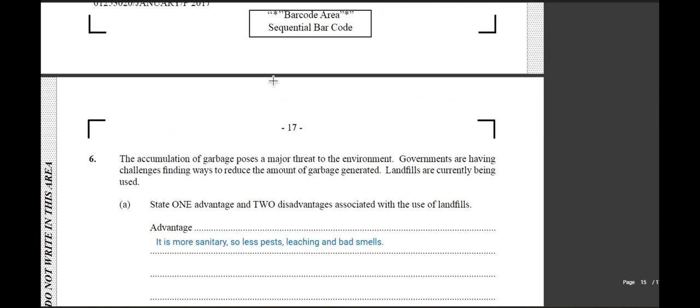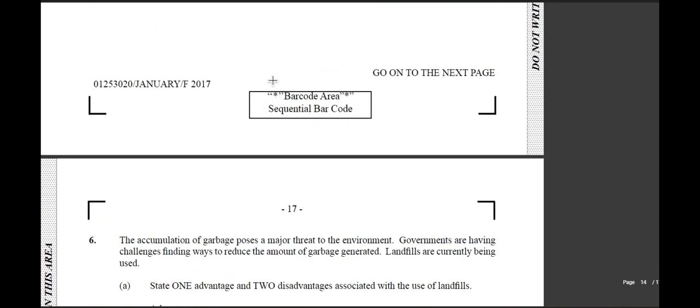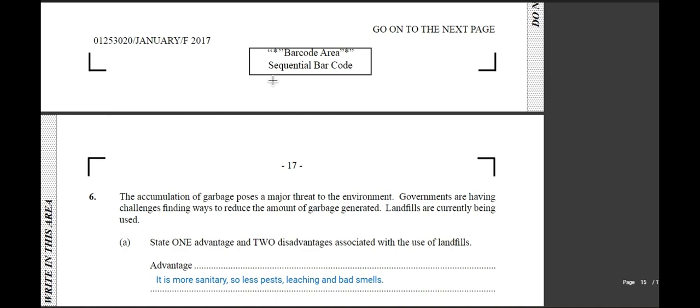So let's go to our last question, talking about environmental health and so on. The accumulation of garbage poses a major threat to the environment. So basically, we're dealing with some land pollution. Governments are having challenges finding ways to reduce the amount of garbage created.